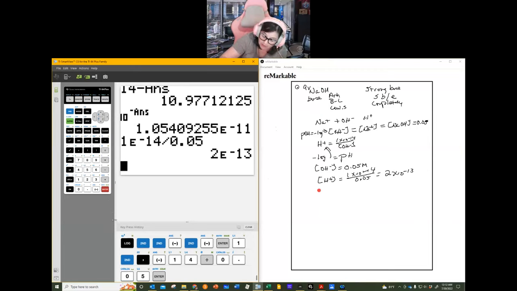So that's our H plus. We can take our pH equals the negative log of that concentration.